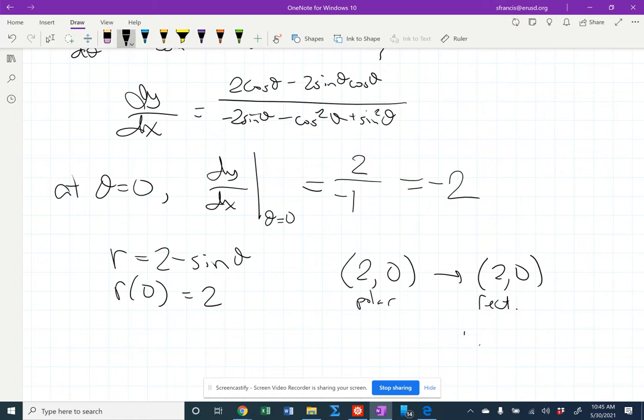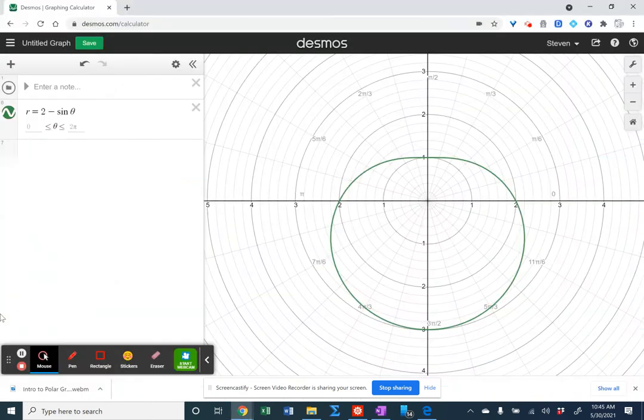So the equation of the tangent line here, and again I'm doing this in terms of x and y, let me write this under here. It would be y is equal to the slope, negative 2, times x minus 2, plus 0, which I'm not going to write. So let's go take a look at the graph. Here's the graph. It's kind of circular but squished up here at the top a little bit. Maybe it looks like a tomato.